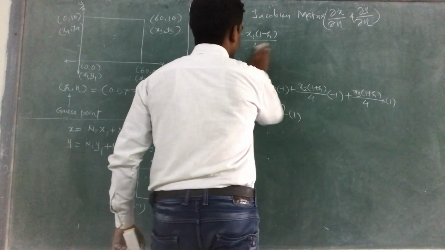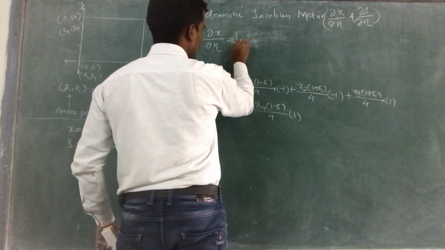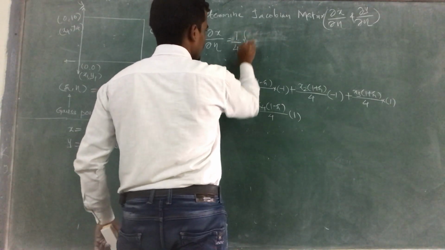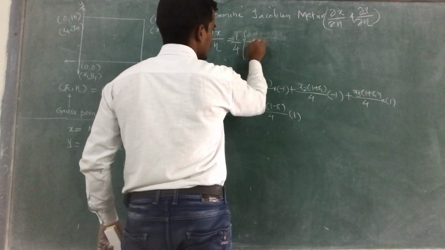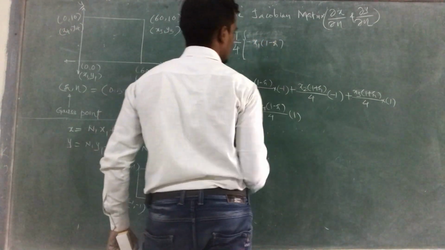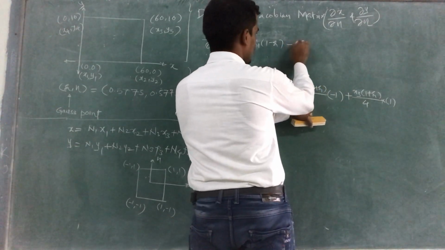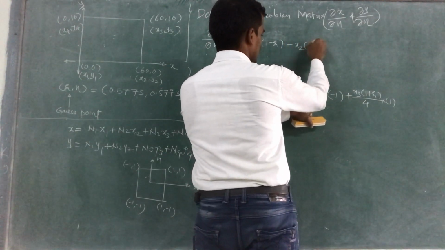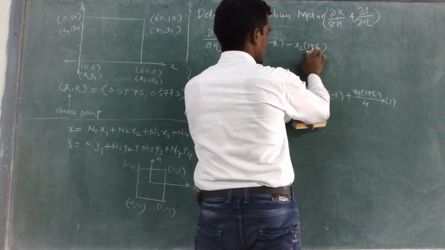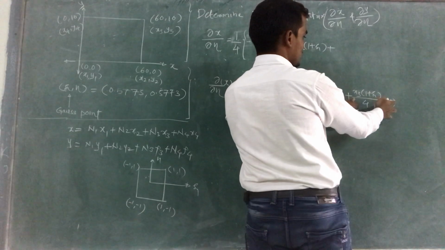Or if we take 1 by 4 as common, so 1 by 4 into minus x1 times (1 minus zeta). For this term, it will be minus x2 times (1 plus zeta). For this third term, x3 times (1 plus zeta), because this is plus 1.